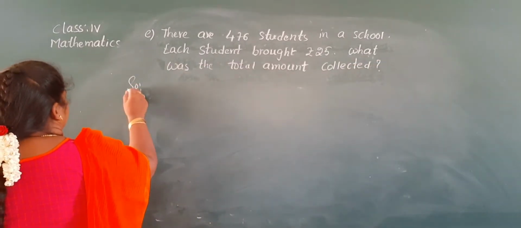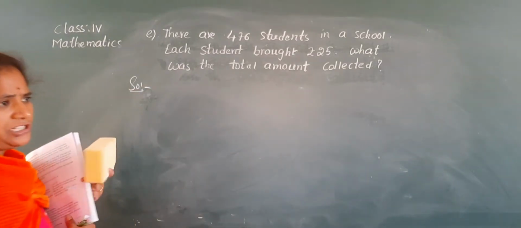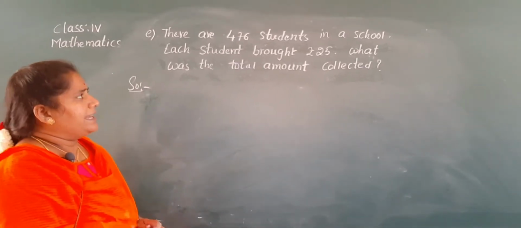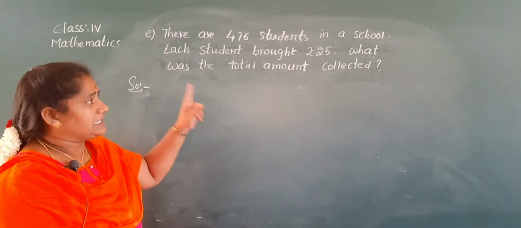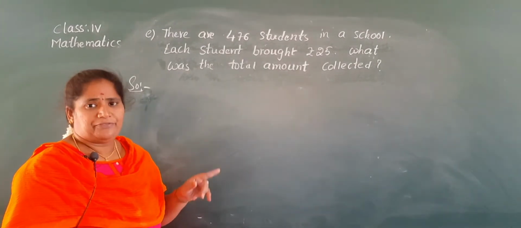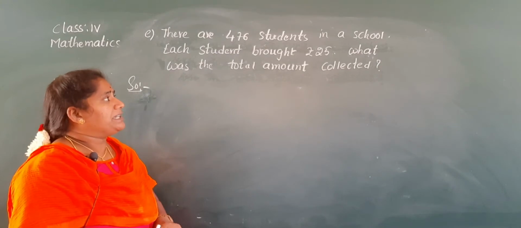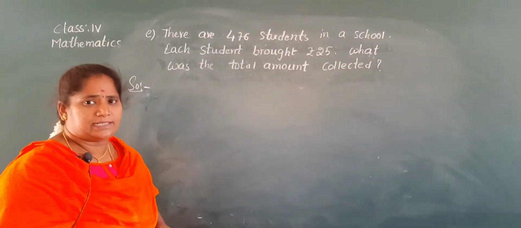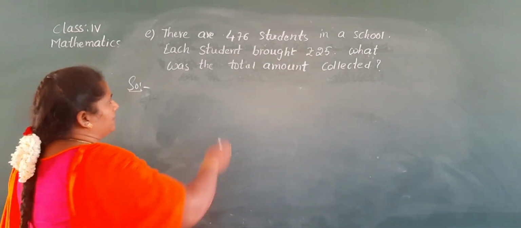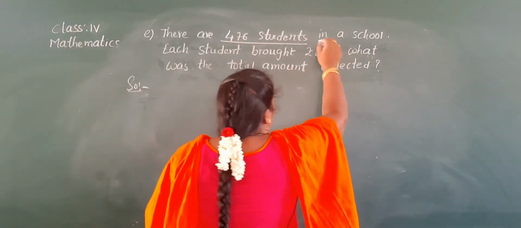So see children, first you read the question properly. There are 476 students in a school. Each student brought 25 rupees. How much amount did each student bring? 25 rupees. How many students are there in a school? 476. So you have to underline this.